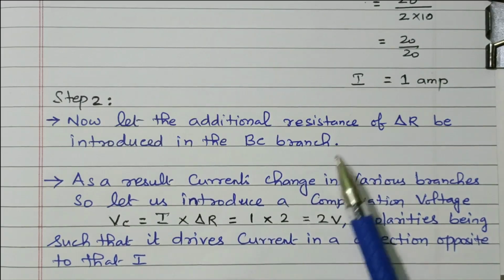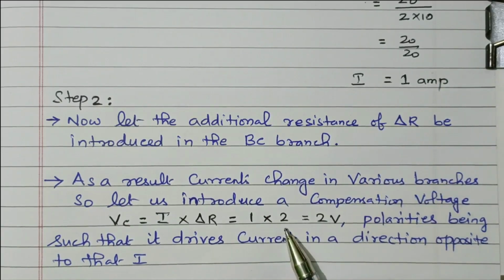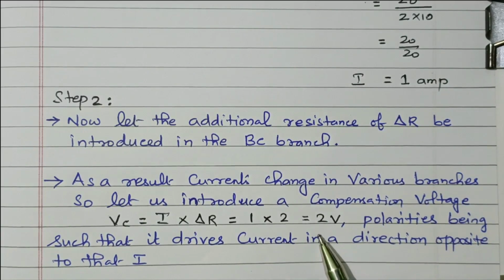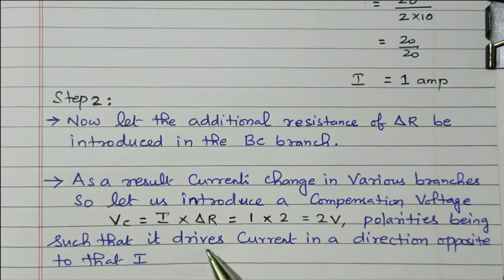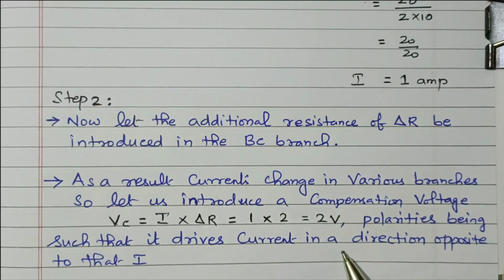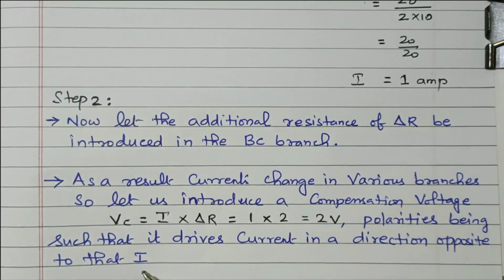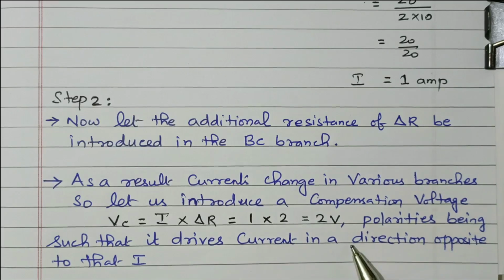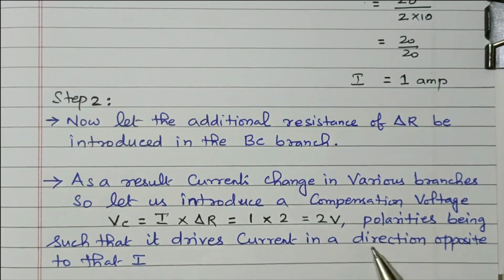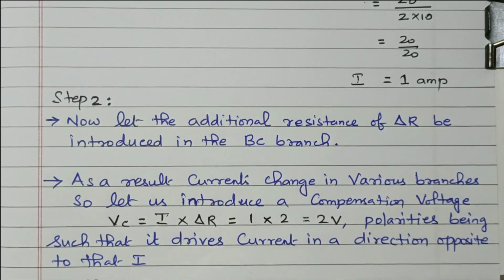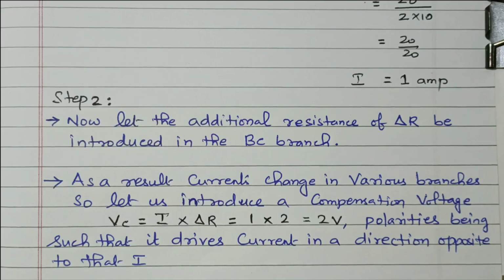The current we calculated is 1 ampere and the change in resistor is 2 ohm, so the compensation voltage is 2 volts. Polarities are such that it drives current in a direction opposite to that of I. So we need to connect it in such a way that it will oppose the original current I.